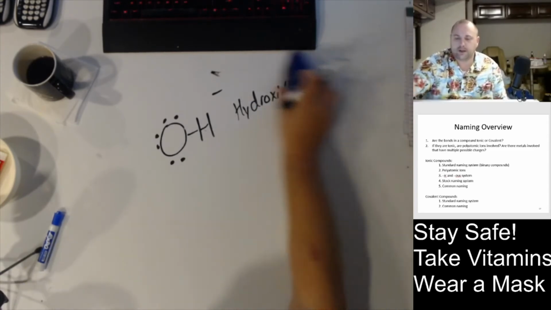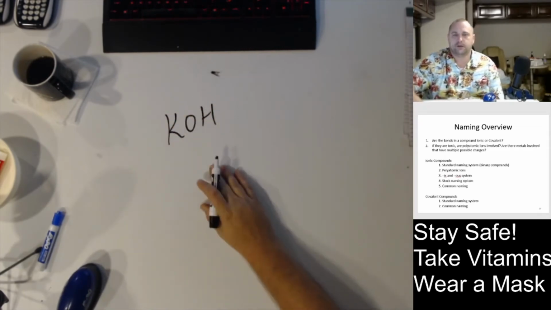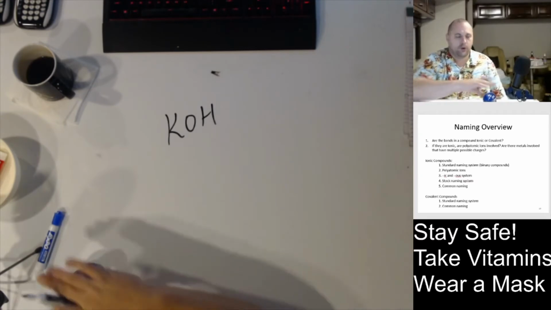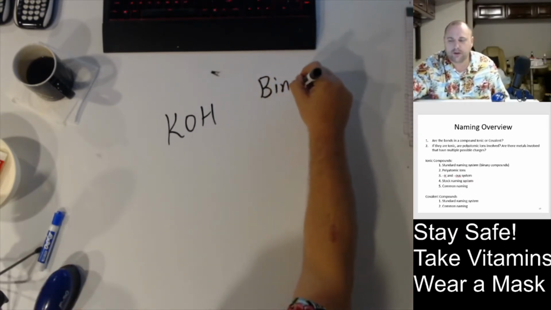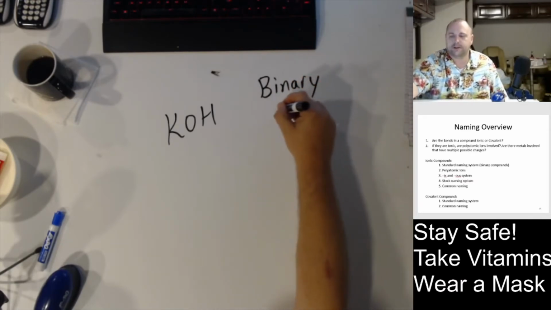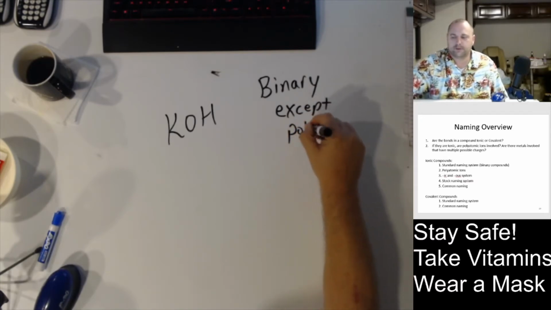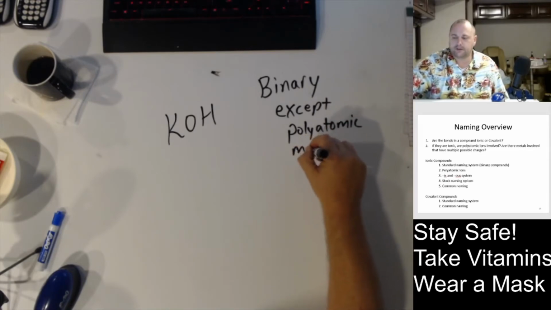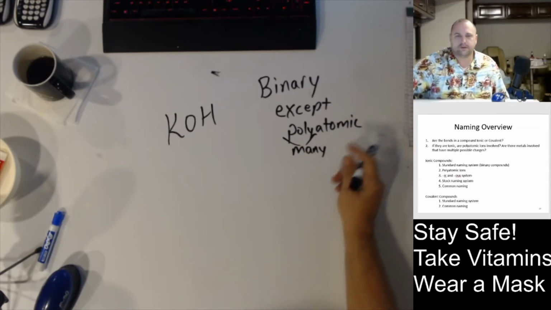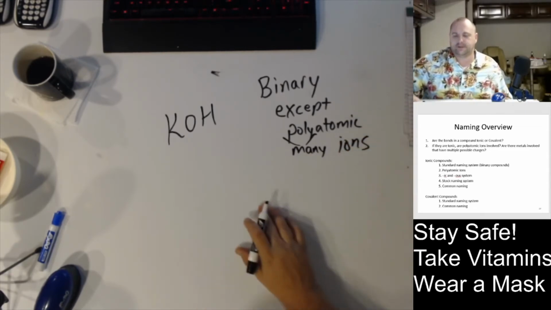So when I come in and I do KOH, then I automatically know I have a polyatomic ion. And the reason is everything we're going to study is binary except the polyatomic ions. Now, polyatomic ion, remember, poly means many. Poly means many.